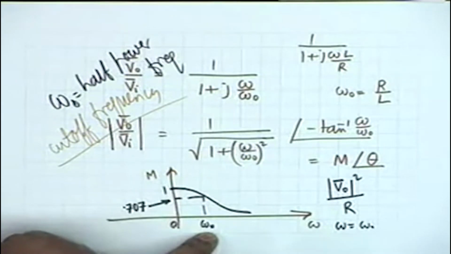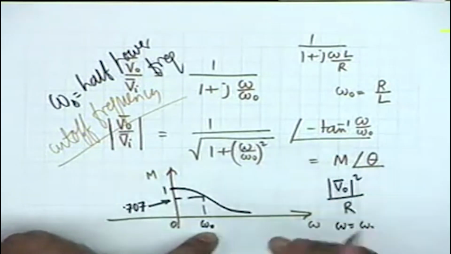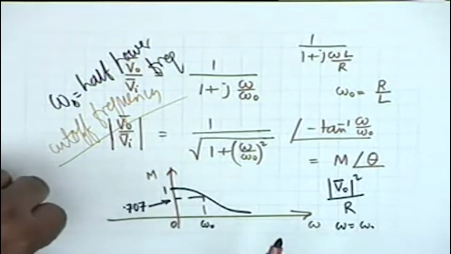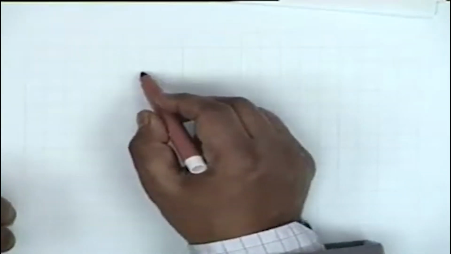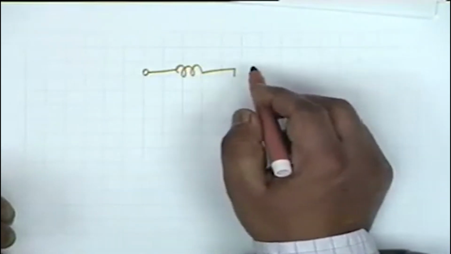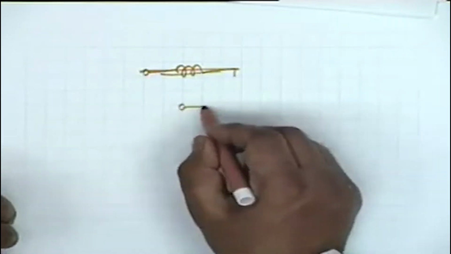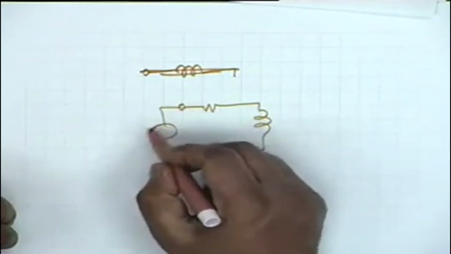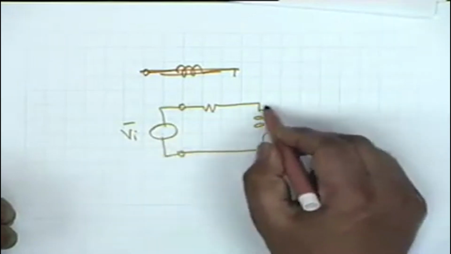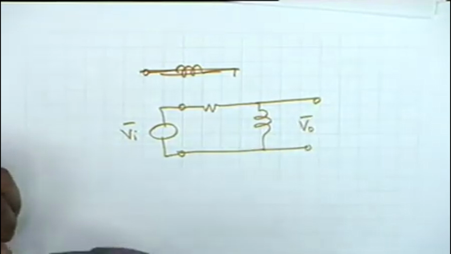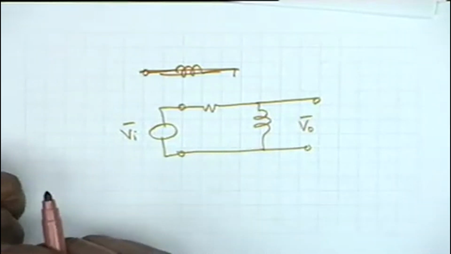Is that clear? Suppose I interchange the resistance and inductance. I take the resistance and the inductance, and this is my Vi, this is my V0. What kind of filtering do you expect?